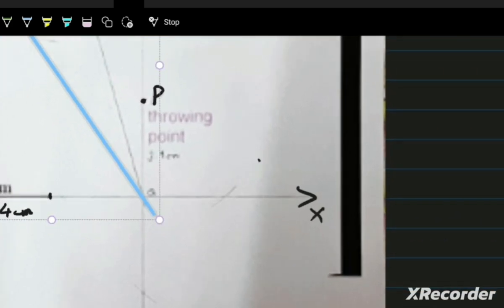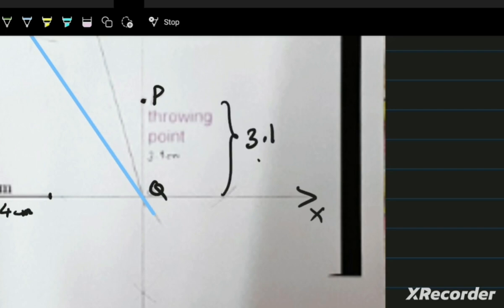Suppose I have taken it to be Q. I measured PQ, which came out to be 3.9 centimeters, and a surprising result which I found was that Q intersected the x-axis at the foot of the perpendicular of P on the x-axis.